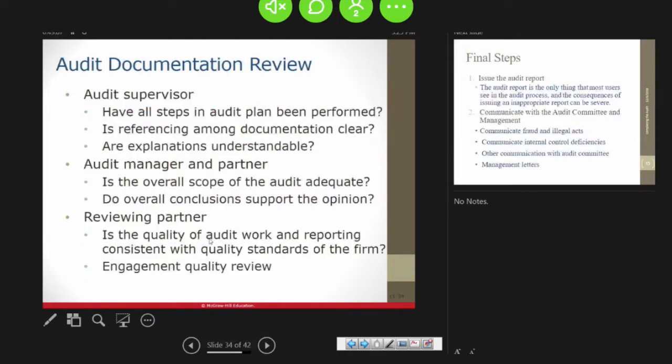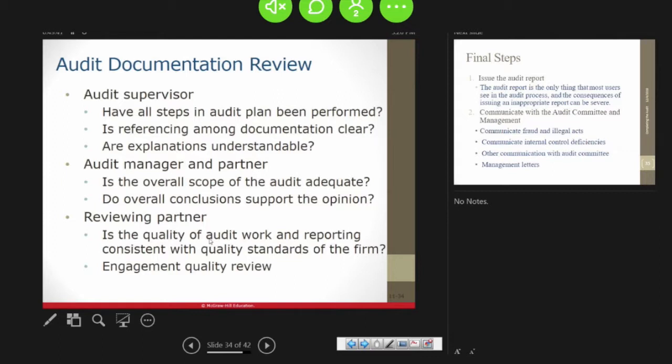So finally, audit documentation. Audit documentation review is obviously an important aspect of the audit engagement, and the concern here is that audit procedures have been performed in accordance with the auditing standards and the firm's quality control standards, and that the work papers make sense and support the conclusion for that area.